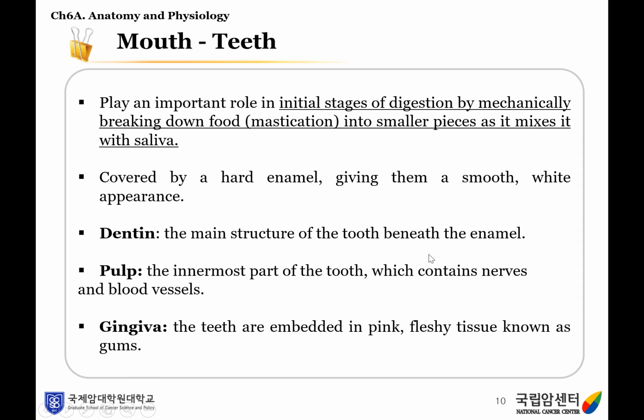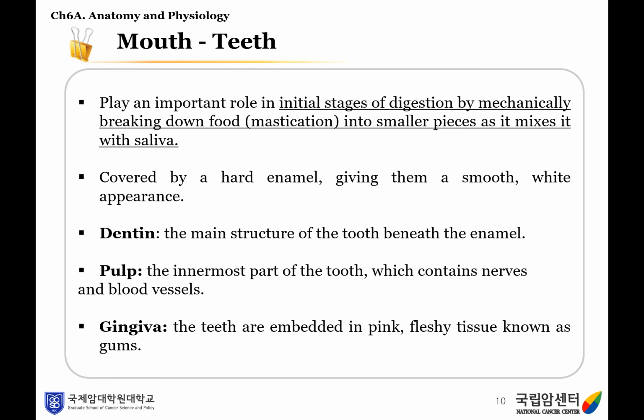First, teeth. The teeth play an important role in the initial stages of digestion by mechanically breaking down food, which is called mastication, into small pieces as it mixes with the saliva. The teeth are covered by a hard enamel, giving them a smooth white appearance.